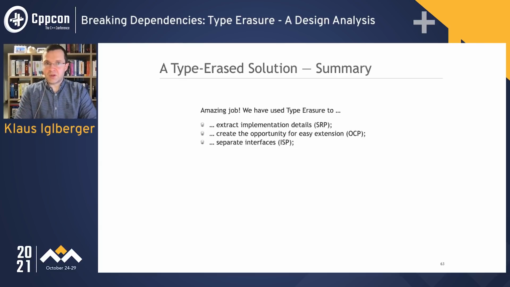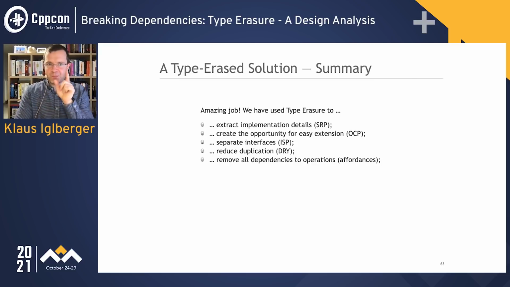Hardly anything knows about something else. We have properly dealt with duplication, very, very elegantly so. We have pretty much removed all dependencies to operations. Circles, squares, etc. do not have to know about drawing, serialization, etc. anymore. Super elegant indeed. And there's no inheritance hierarchies left.